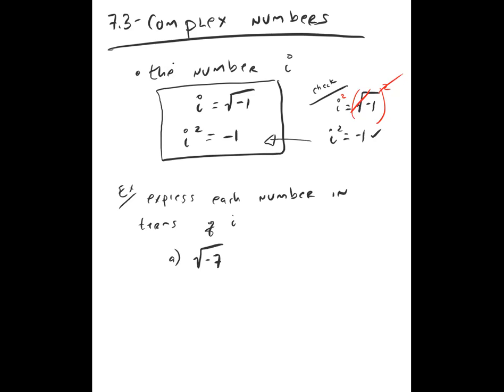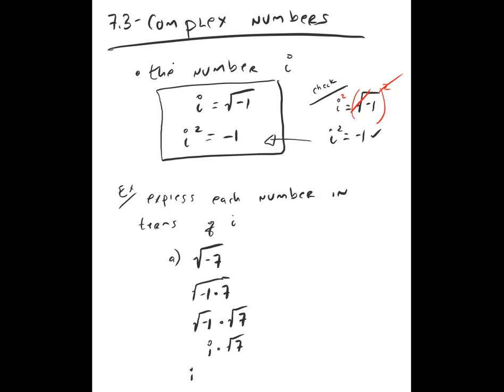Right, so we can always rewrite this as the square root of -1 times 7, right? And we can rewrite this as the square root of -1 times the square root of 7, right? And then from above, we learned that the square root of -1 is just I, right? So now what we can say is this is just I times the square root of 7, right?